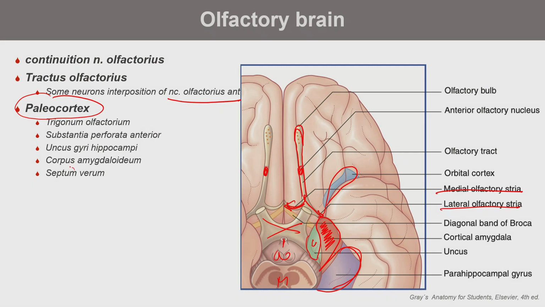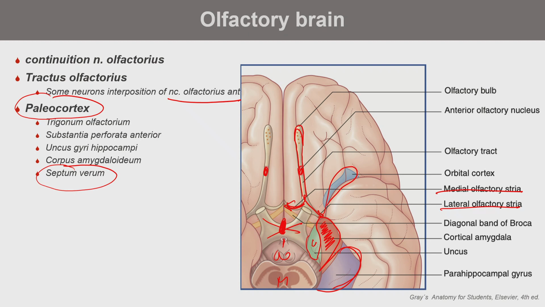Very interesting and important are structures which are lying at the tip of the primitive neural tube. This is a septum verum. And the septum verum is localized somewhere here over the crossing part of the optic pathway.